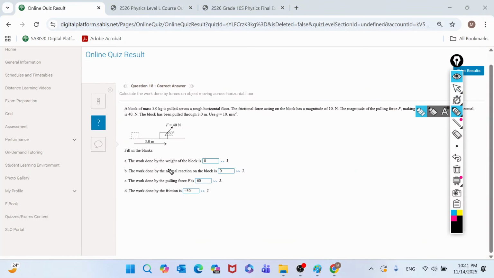Okay, the work done by the weight of the block is 0. Because why? Because if it's moving horizontally, then the work done by the weight is 0. The work done by normal is the opposite of the work done by the weight. If it's moving horizontally, it's also 0. Okay, the work done by the pulling force is force, which is 40, times distance times cosine theta.